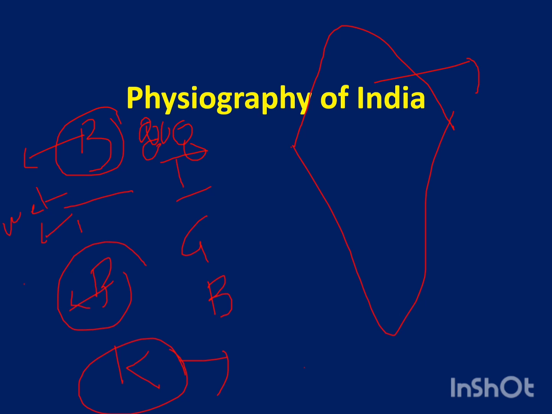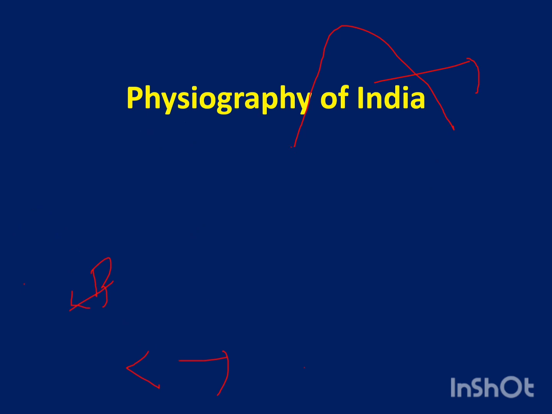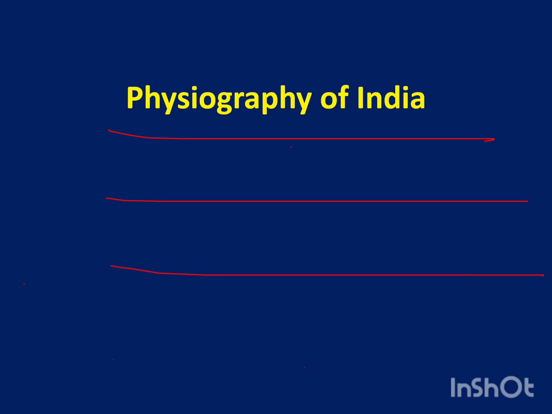Again, I will explain this because it is very important for the examination. According to the variations in the relief features, the northern plains can be divided into 4 regions. Those are Babar, Terai, Bangar, Kadar.